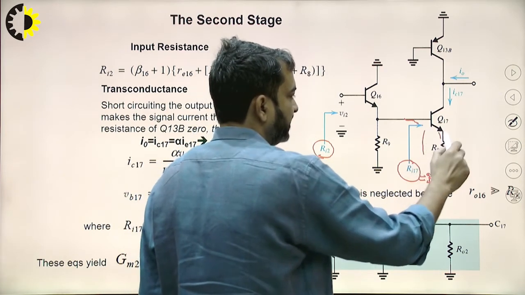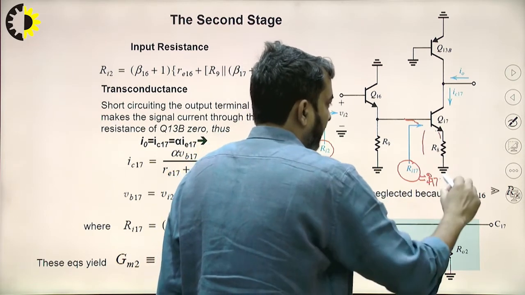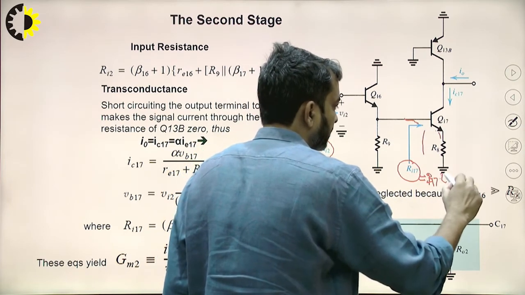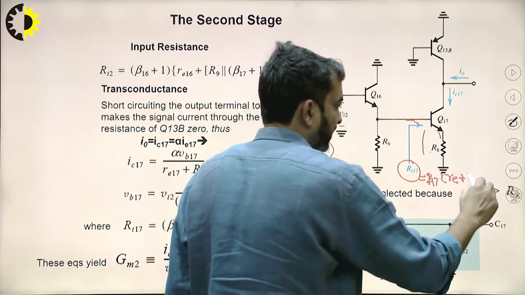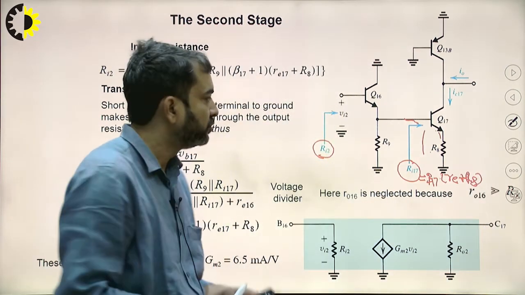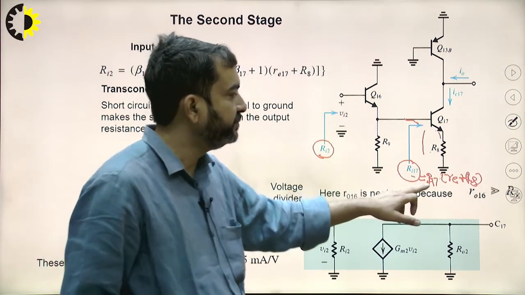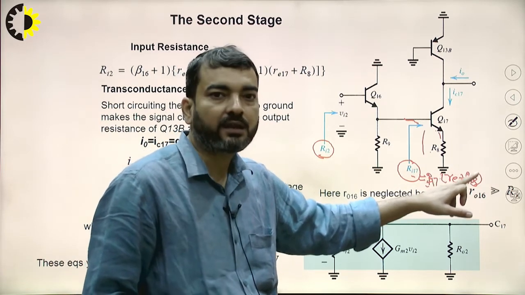So here we have small re of 17 plus this external resistance R8. So the net resistance Ri17 is beta 17 multiplied by small re plus R8.